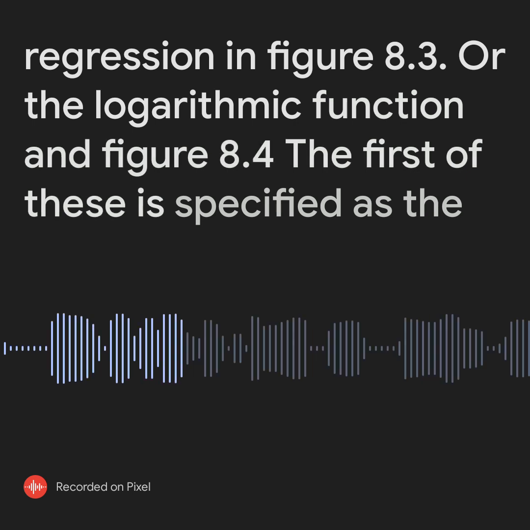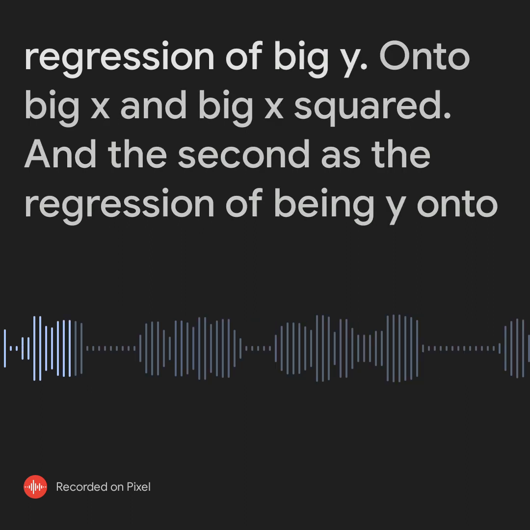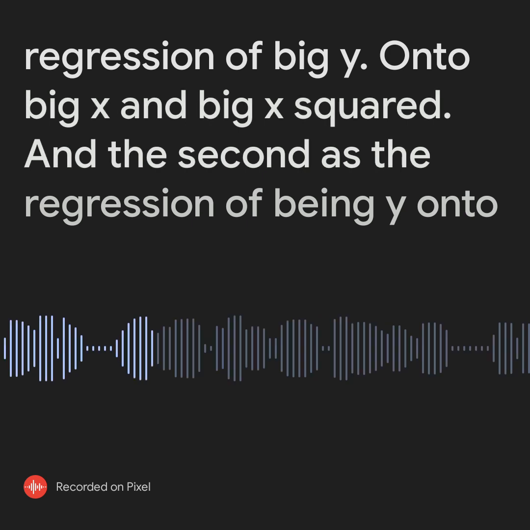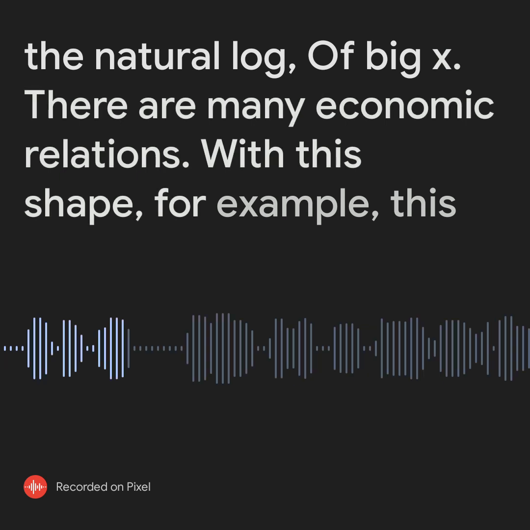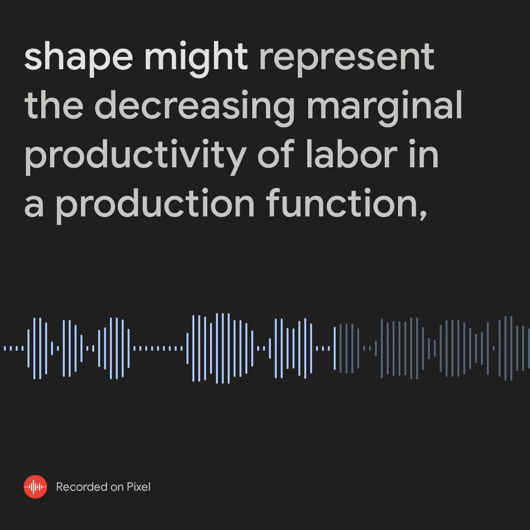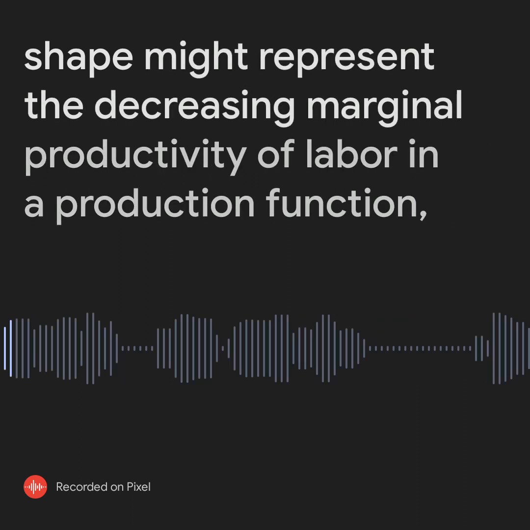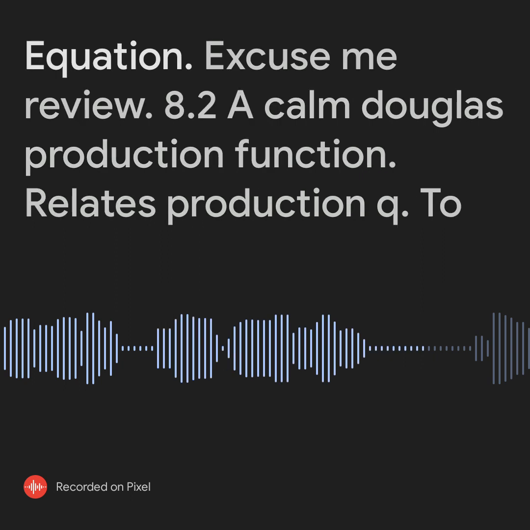The first of these is specified as the regression of Y onto X and X squared, and the second as the regression of Y onto the natural log of X. There are many economic relations with this shape. For example, this shape might represent the decreasing marginal productivity of labor in a production function.